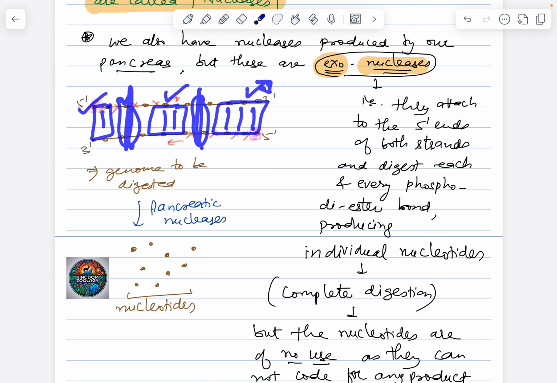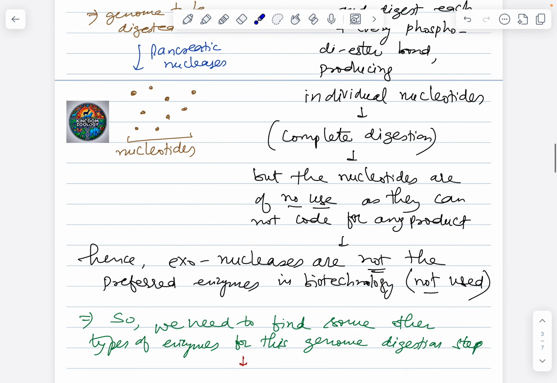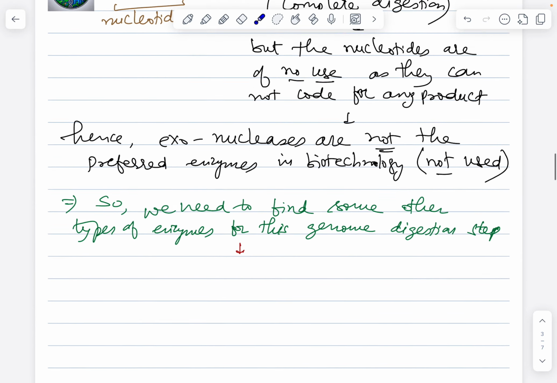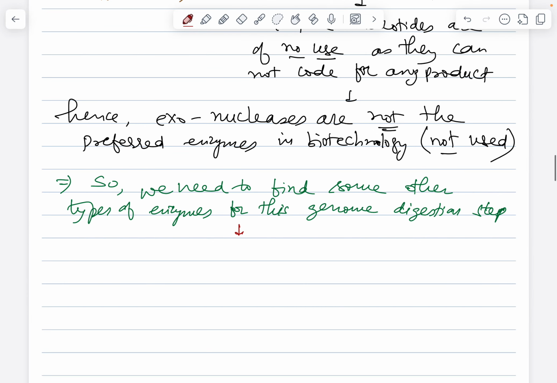So this is what I want: enzymes that can attach somewhere in between, and that can digest some fixed phosphodiester bond, so that I will actually get fragments of genes rather than individual nucleotides. As I was telling you, exonucleases have been ruled out. We need to find some other types of enzymes for this genome digestion step.